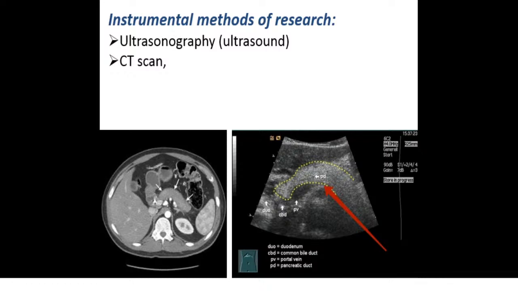And very important is the instrumental method of research. It is ultrasound and computed tomography.